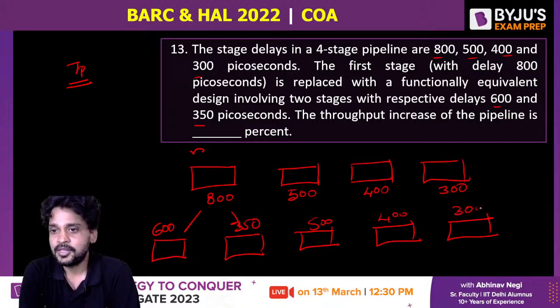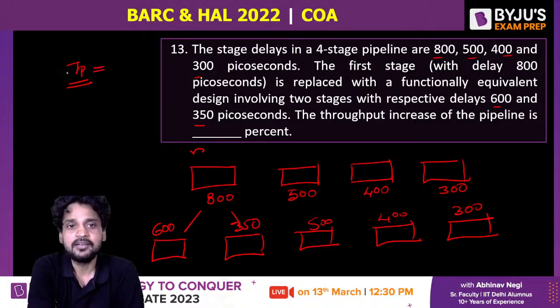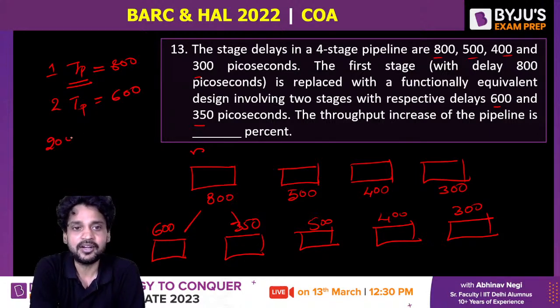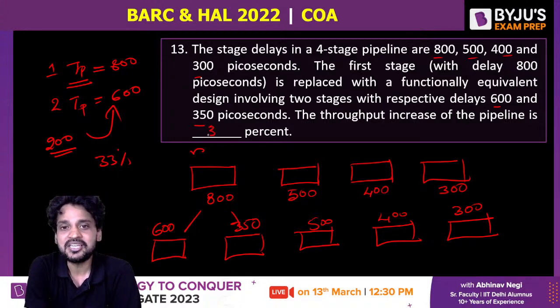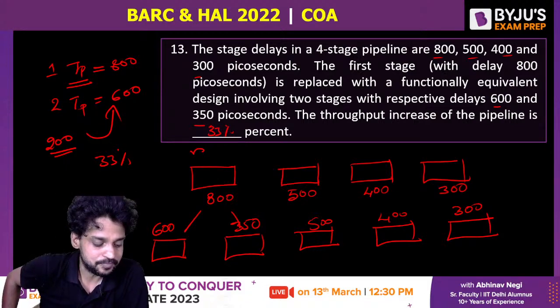Now the pipeline time, which is TP, earlier in the first pipeline TP was 800. In the second pipeline TP is 600. The difference is 200. This 200 in 600 is 33%. The increase is 33%.